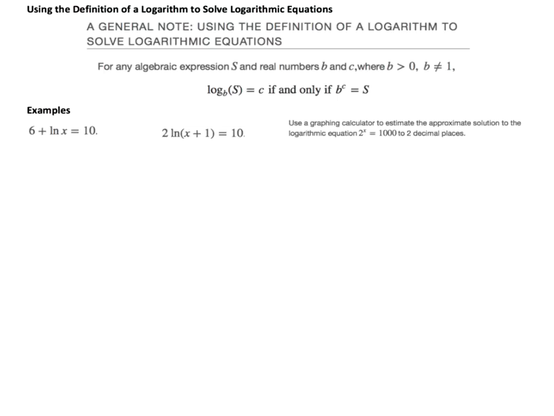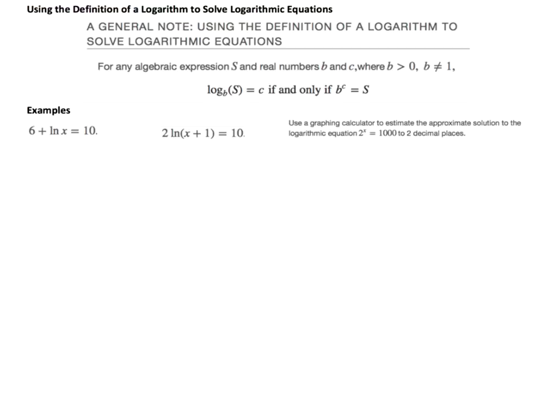Okay, so solving logarithmic equations using the definition of a logarithm. Basically what this says is if you can manipulate your equation so that it equals a single logarithm equaling a single value, then you can turn it into exponential form to solve the equation.